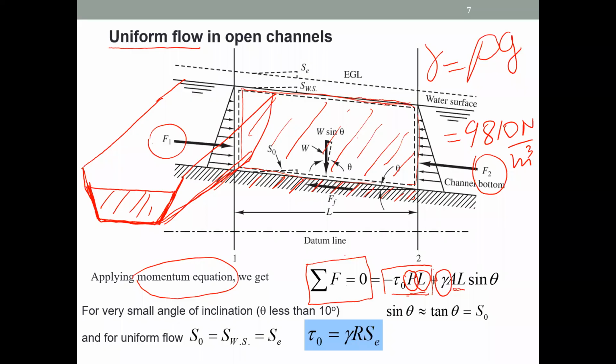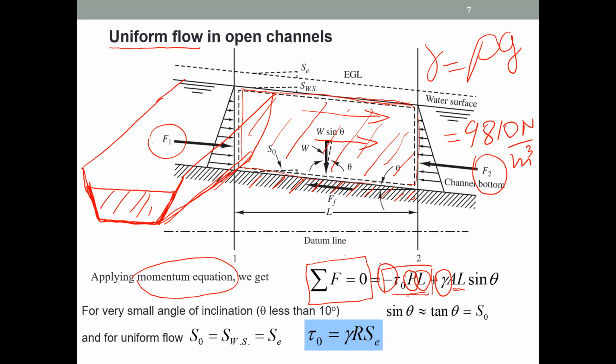Then we consider the component of that weight along this direction. When the water flows from the upstream area to the downstream area, the weight component is also acting in that direction. But since the water is flowing from upstream to downstream, the shear force is acting in the opposite direction. That is why it is negative here.